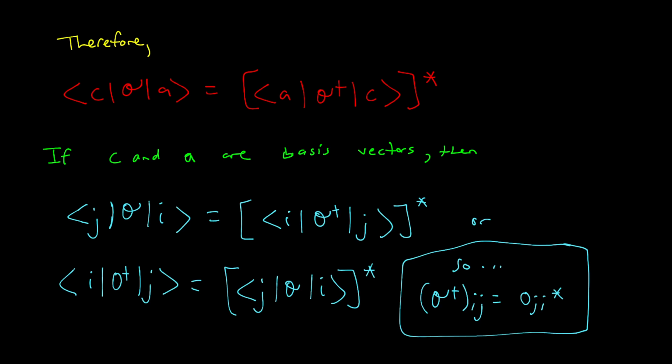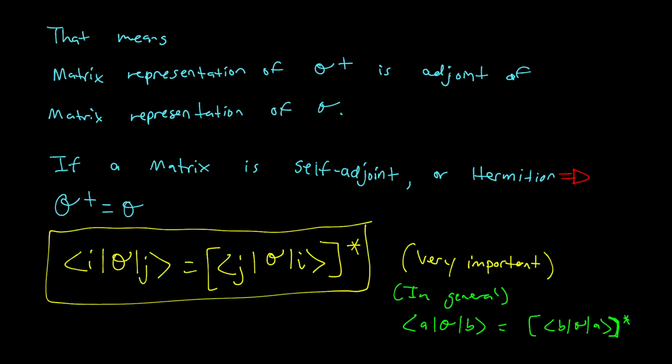That means the matrix representation of O adjoint, O†_ij, has to equal O_ji complex conjugated. So the matrix representation of O adjoint is just the adjoint of the matrix representation of O.